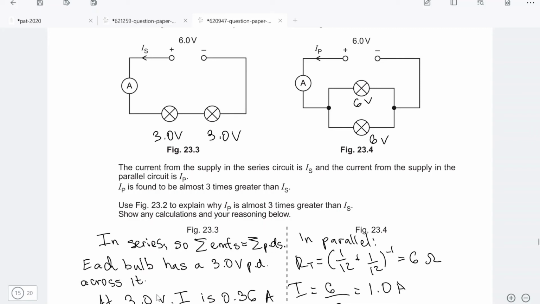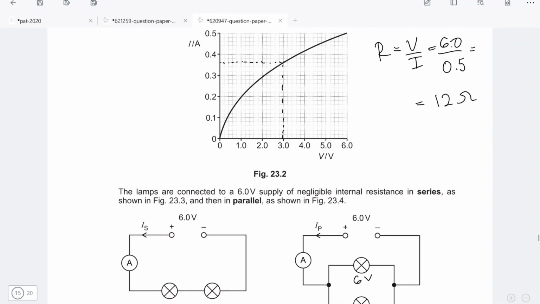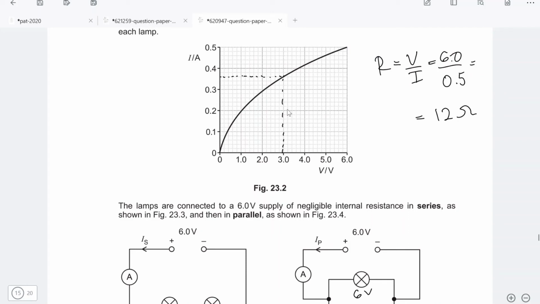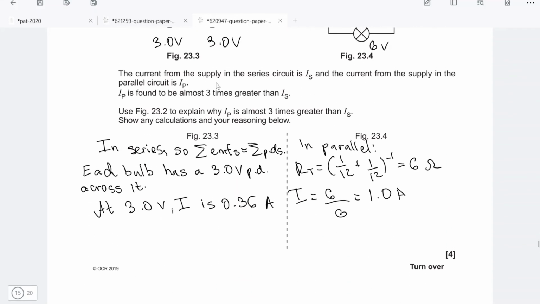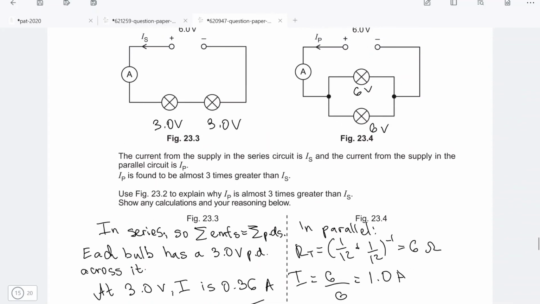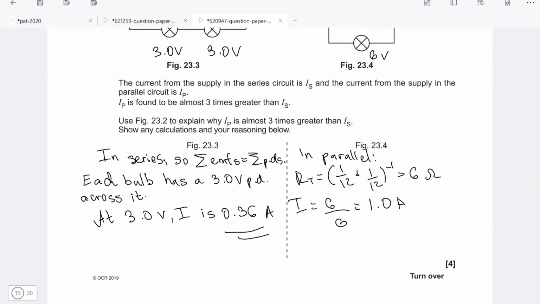Now, each bulb has a 3-volt PD across it, so if we go over to the graph, we're going to see that at 3 volts, the current is actually 0.36 amps. And this is quite significant. So in the first instance, we know that IS is actually equal to 0.36.